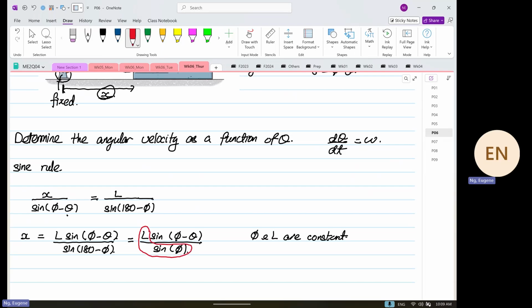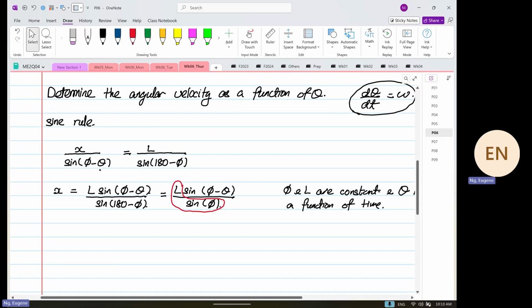They are constant. And theta is a function of time. From taking the time derivative, we can determine our omega. So what is left to do is just to differentiate.